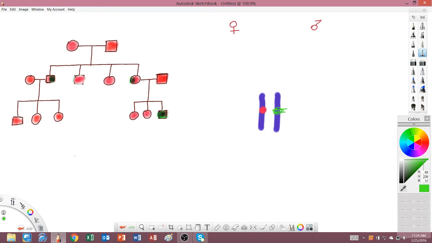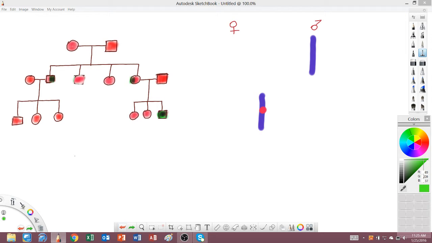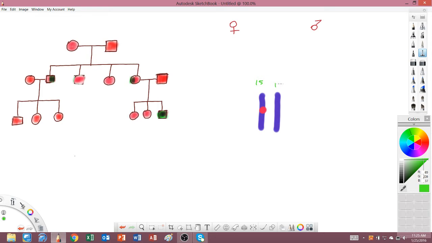If one copy deleted gives you a disease, it's autosomal dominant because chromosome 15 is an autosome. It's not X or a sex chromosome. Let me give you some varieties. In this case, look, this is 15 from mom and this is 15 from dad, let's say.